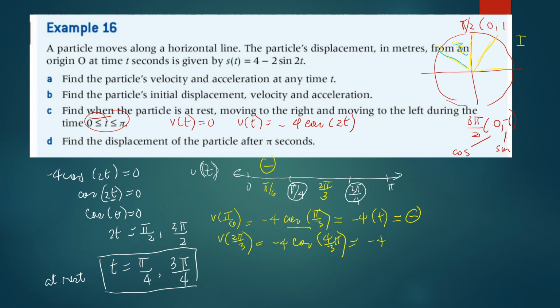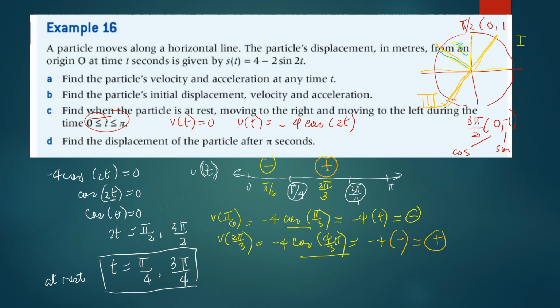So negative 4, and you look for the value of cosine of 4/3 pi. Where is 4/3 pi? So we have here 1/3, 2/3, 3/3. So 4/3 is somewhere here, no? So in the third quadrant, what is our cosine in the third quadrant? It's negative. So negative times negative is positive.